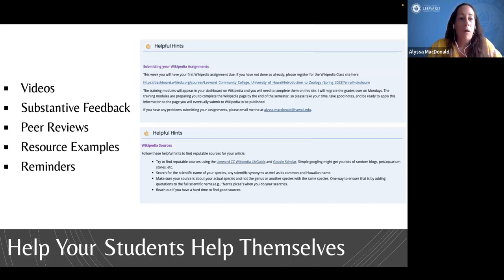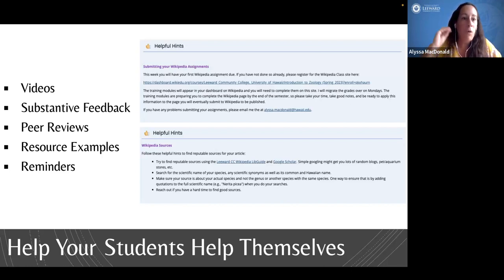I think the goal here, as I put at the bottom, is to help your students help themselves. So I make sure I have these helpful hints. I just cut them out of my course and pasted them in here. It's basic information about how to submit, and how to put the sources in there. And our librarians, I cannot thank all of them enough for contributing, but particularly Anne-Marie, she created these LibGuides, we call them, for us.